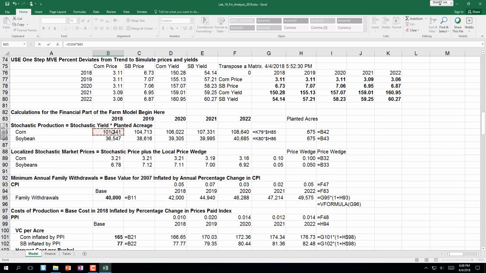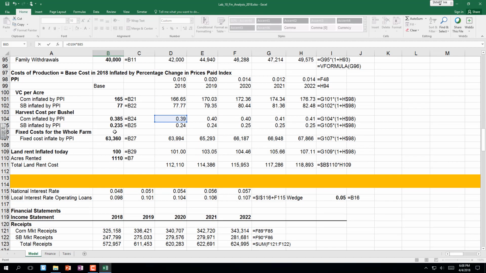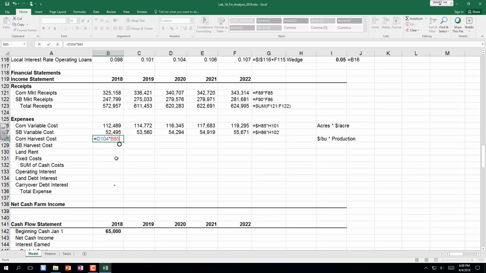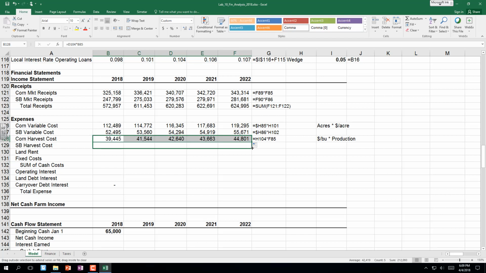And I have corn production in B85. So my formula looks like D104 times B85. Everyone agree? It should be 39,445. Drag it across for 5 years. Drag it down.